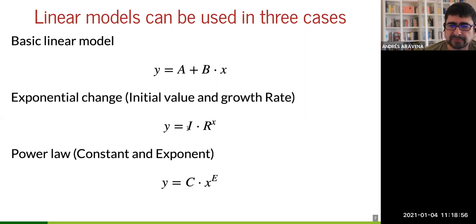Then we have the exponential growth, which is an initial value, and then a growth rate like in the cell. You start with one cell, and then you have a growth. Let's say you grow 20% every day. So this R is 20% extra, 120% in other words.